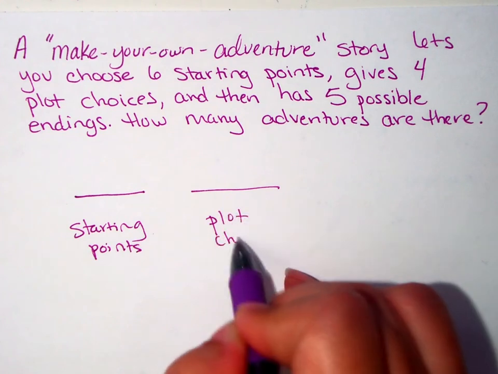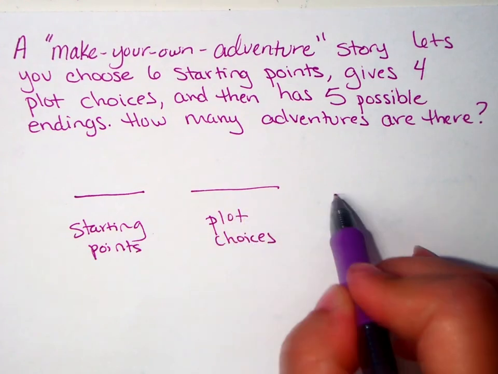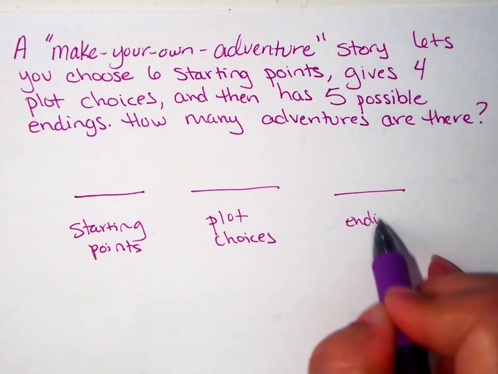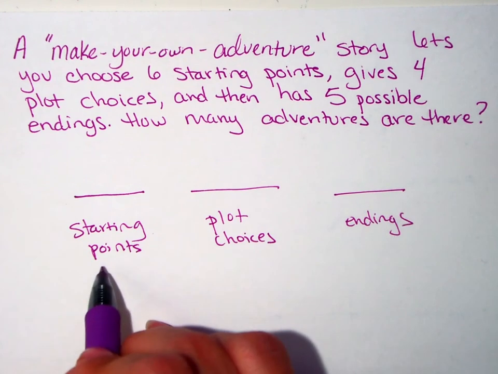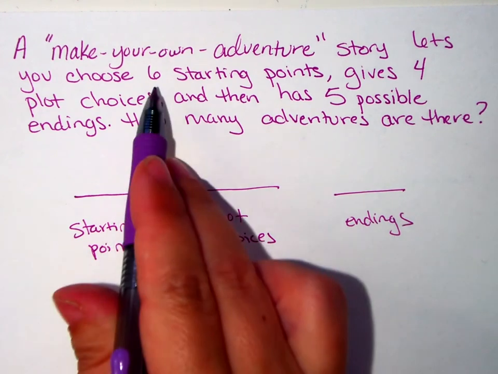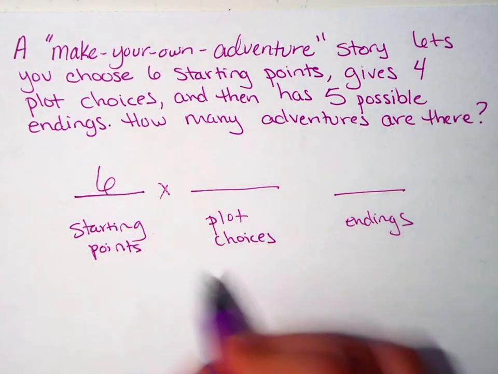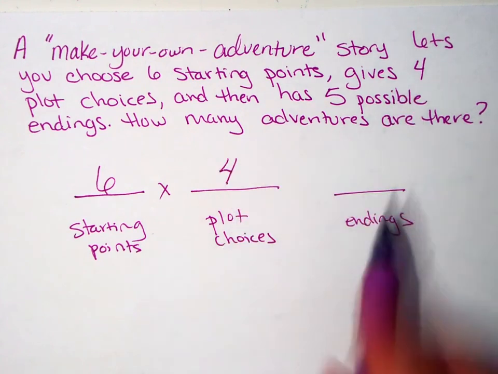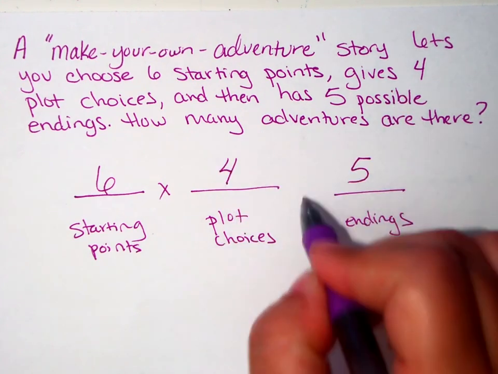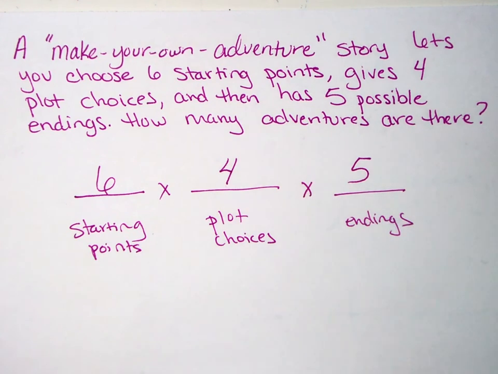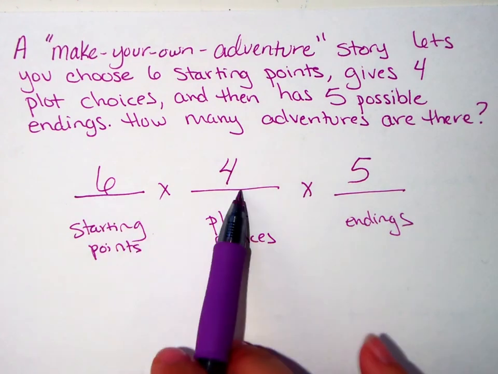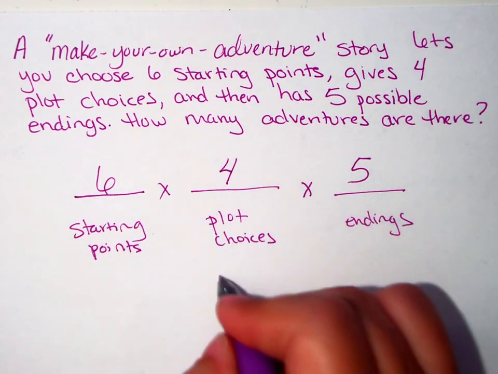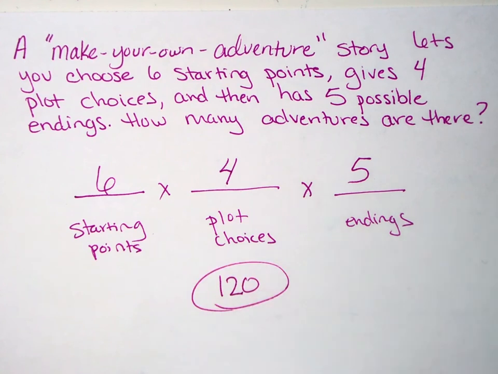Plot choices. Endings. Okay, so how many starting points did they say? 6. How many plot choices? 4. How many endings? 5. So if you put that in your calculator, you have 6 times 4 times 5. You should get 120.